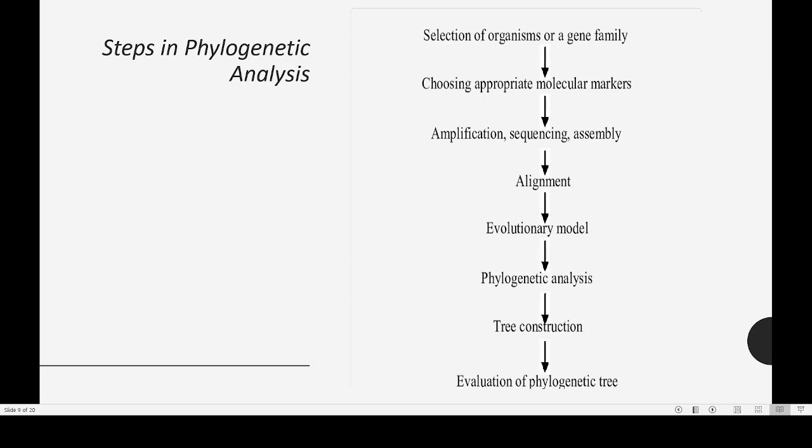So amplification means we get only a small portion of DNA, maybe 1 or 2 pieces of DNA. There is a technique called PCR. Using PCR, we make thousands of copies of that. There is amplification, and from that we will be sequencing. Then we are assembling, and then we are comparing, and that process is known as alignment. Then, based on the alignment, we are preparing an evolutionary model.